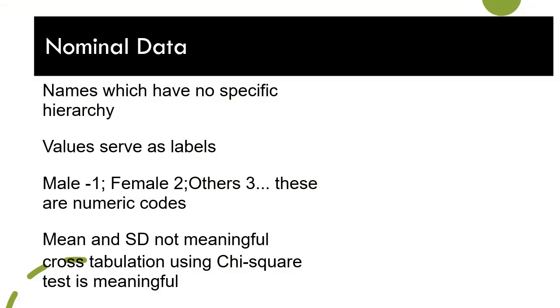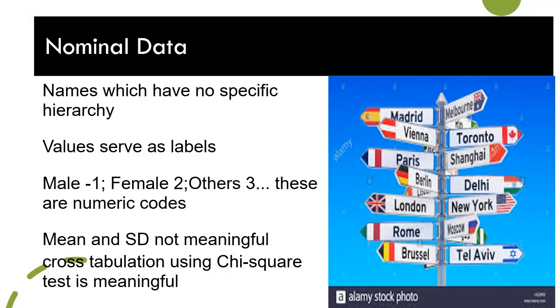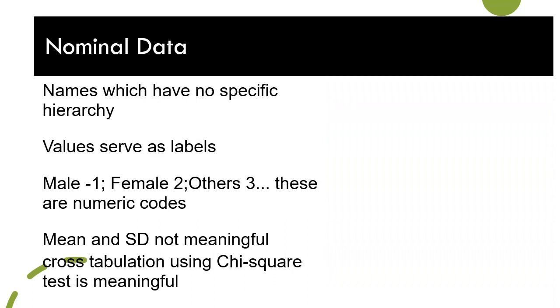Nominal data is like names of fruits like apple, orange, banana, or names of cities or countries or gender, hair color, eye color, etc., which have no specific order by their inherent nature, and an order among them is generally not meaningful. They are just names, hence nominal. A nominal variable is one in which values serve only as labels, even if those values are numbers.